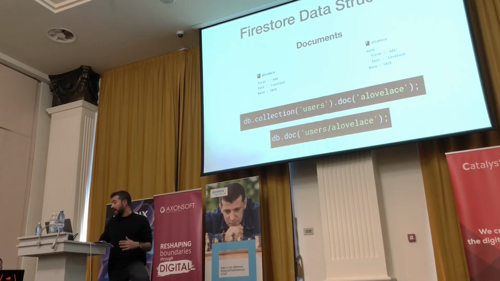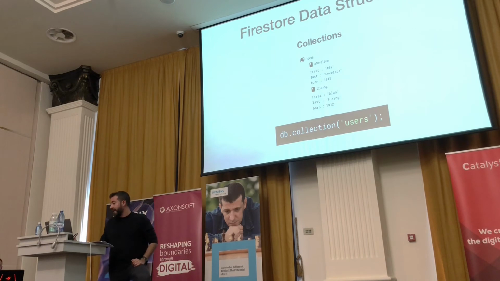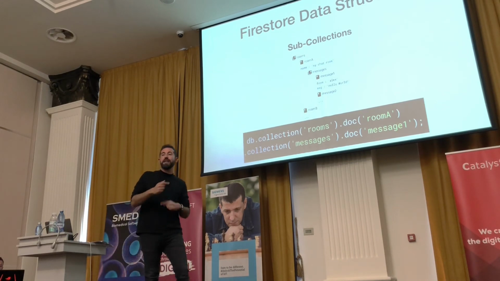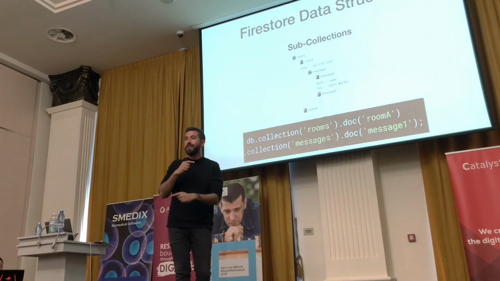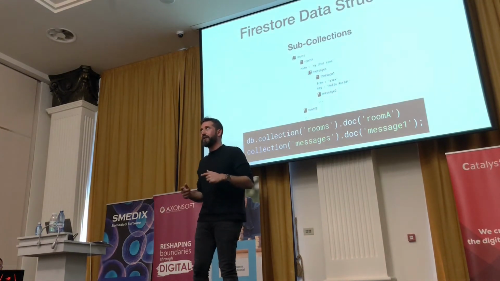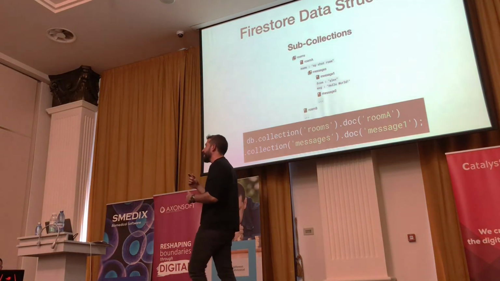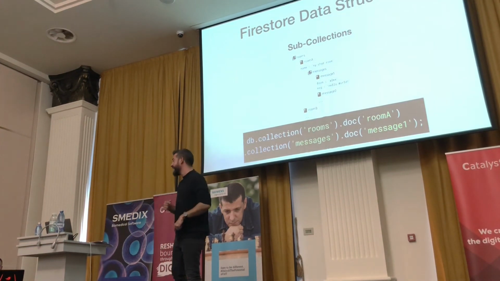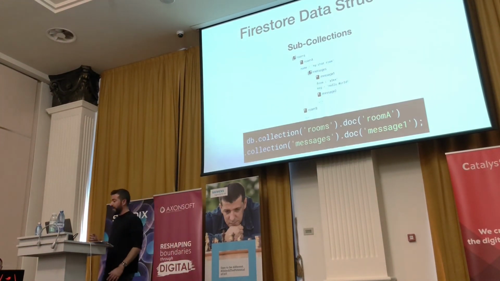Now, documents, as you know, are organized inside collections. And you already know how to refer to a collection, but another nice thing that Firebase provides you, which other NoSQL databases don't, is sub-collections. You can actually create a collection inside of a document, inside of a collection. And then you can create a collection inside of a document, inside of a collection, inside of a document, inside of a collection. And so on and so on.